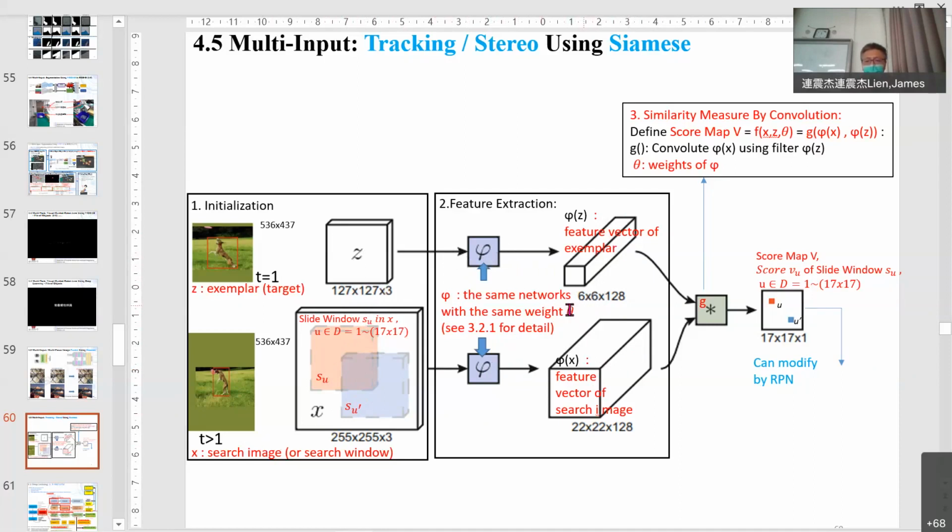So here we have more features, 6 by 6 by 128 channels, and this is 22 by 22 by 128 channels. So we do downsampling and extract the features. Here we do template matching based on this one and this result, and we get a result here. So it's simple.